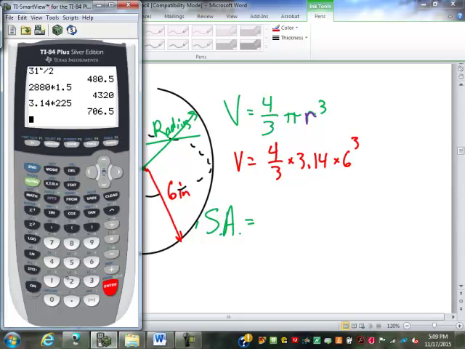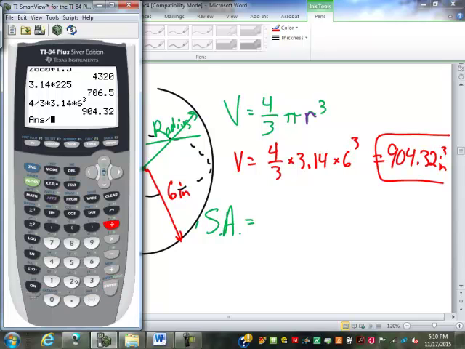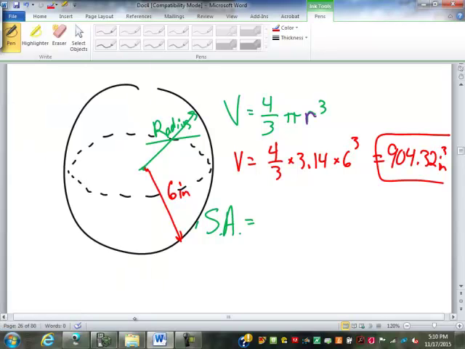So on your calculator, you do 4 divided by 3 times 3.14 times 6 to the power of 3. 904.32 inches cubed, because that is a volume. 904.32 inches cubed. Questions?